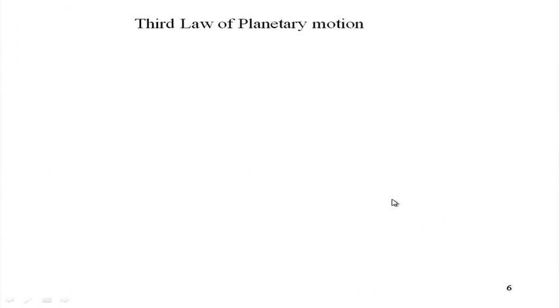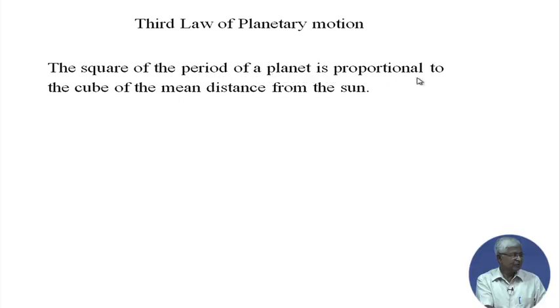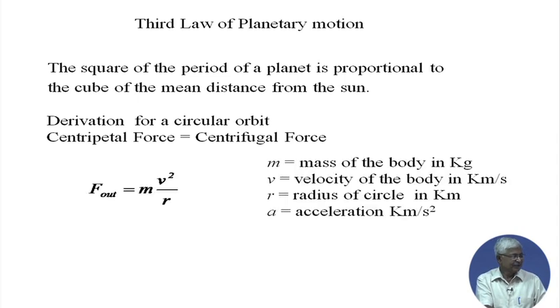And the third law of planetary motion states that the square of the period of a planet's orbit is proportional to the cube of the mean distance from the sun. So, these things can be derived. Let us say for a circular orbit, you have learned this in school days, that if centripetal force is equal to centrifugal force, then it will move in a circular orbit.